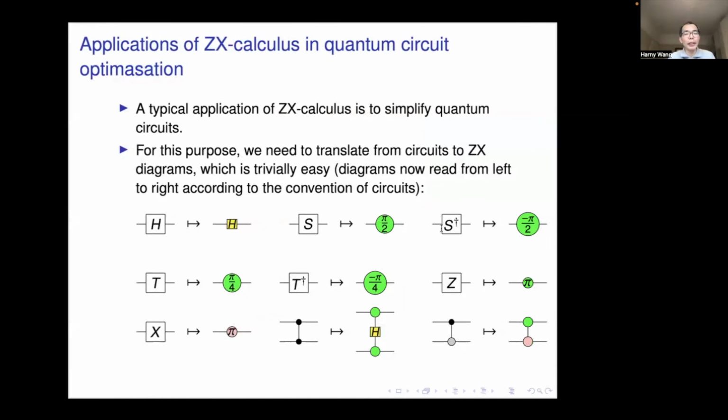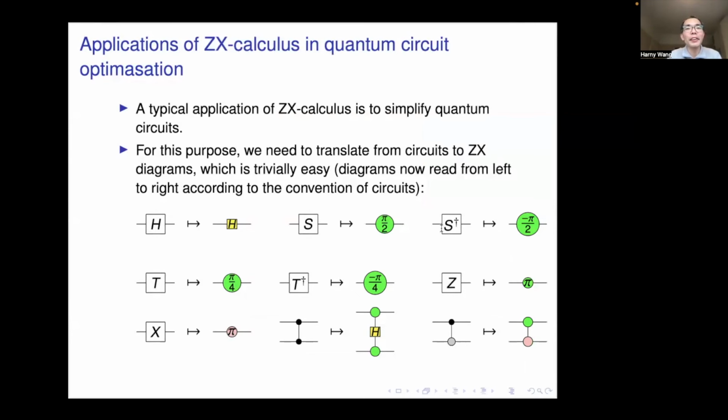Below I want to show some examples. The first example is quantum circuit optimization. That means you are given a quantum circuit, and you want to make it as simple as possible, but without changing it.